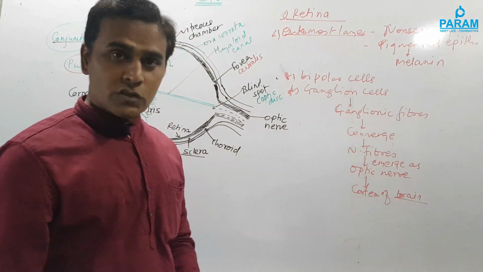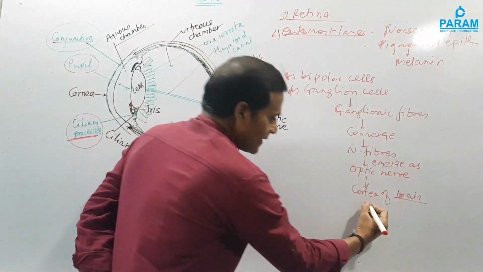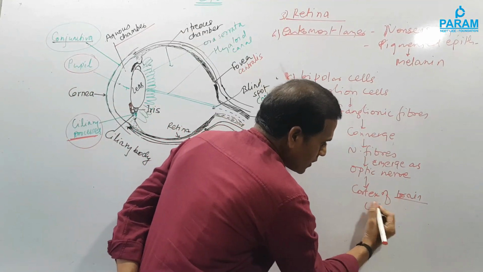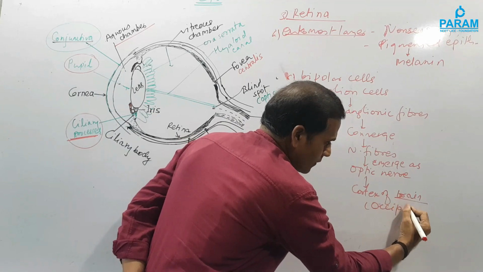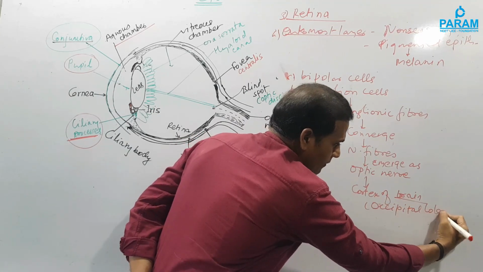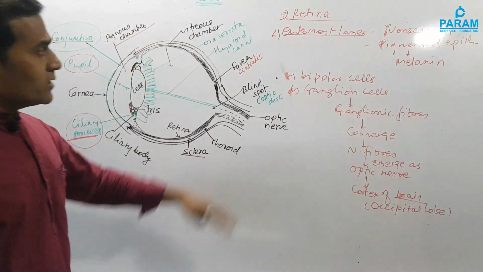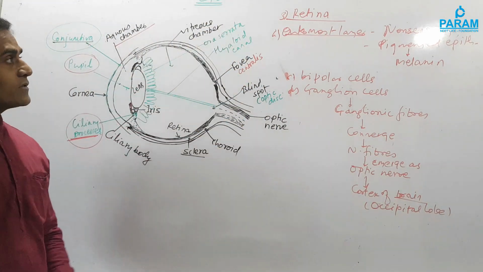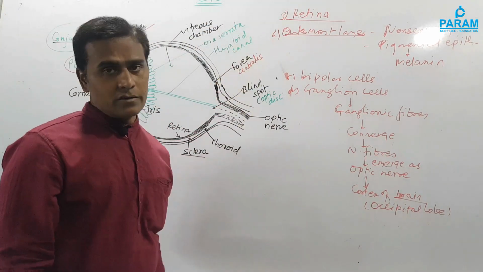And which part is responsible for vision? That is your occipital lobe of the brain, right. So these are different kinds of layers which are present in the retina.